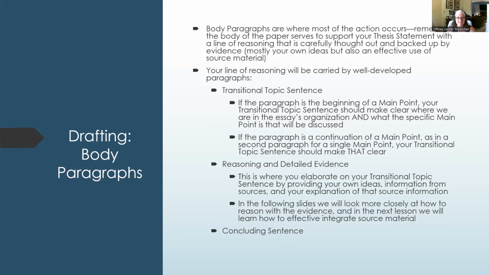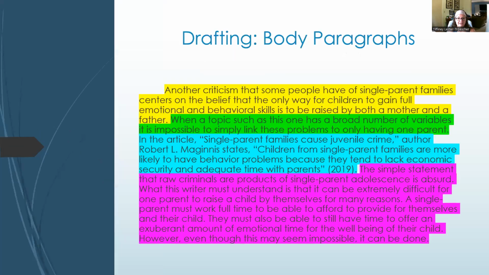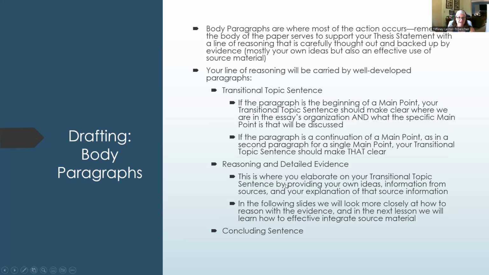Then you have a concluding sentence. So let's look here at a paragraph that comes from the middle of an essay. And you'll see, again, transitional topic sentence, right? Then you elaborate on that topic sentence with your own ideas. Then you provide information from your source with a citation, and then you follow up on that source, okay?